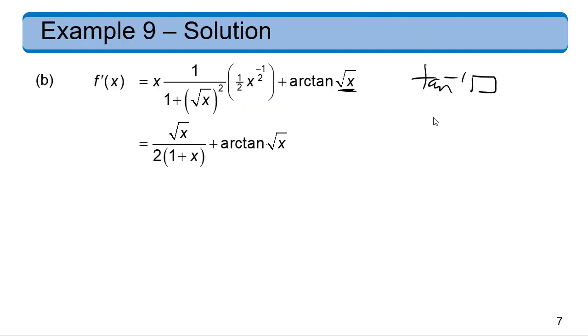The derivative is just going to be 1 over 1 plus the box squared. Well, now, instead of the box, it's square root of x. So the square root of x goes in here, and that's why we have this.